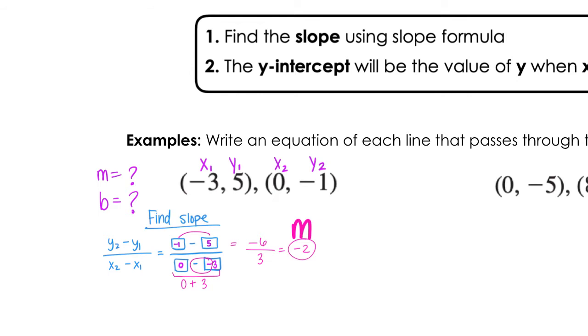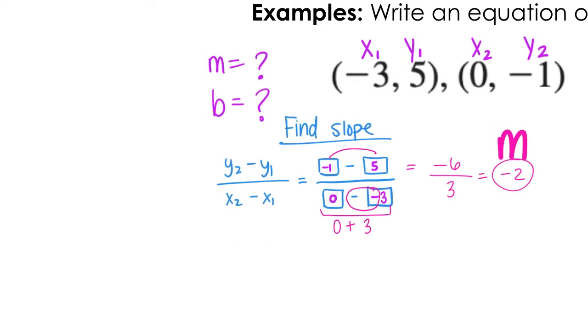Now we need a y-intercept. And the way that these points are arranged, it's actually pretty special. So these points are really nice. Remember, when you have a y-intercept, if we were to graph like this one, -3, 5, that would be, I don't know, like over here somewhere, right? That is definitely not a y-intercept because it doesn't cross the y-axis, right? So this one is not a y-intercept.